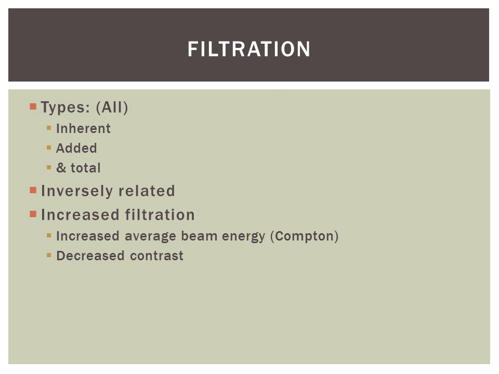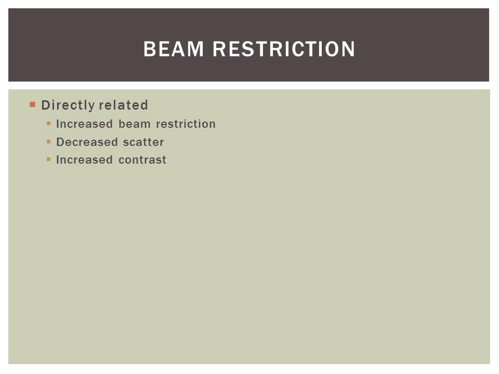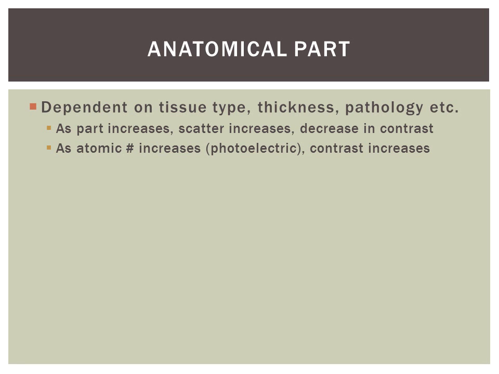Filtration, types are inherent, added, and total. Inversely related, so if you increase filtration, you increase average beam energy, or Compton, and you decrease contrast. Beam restriction, directly related. Increase beam restriction, decrease scatter, because again, less tissue is being exposed.